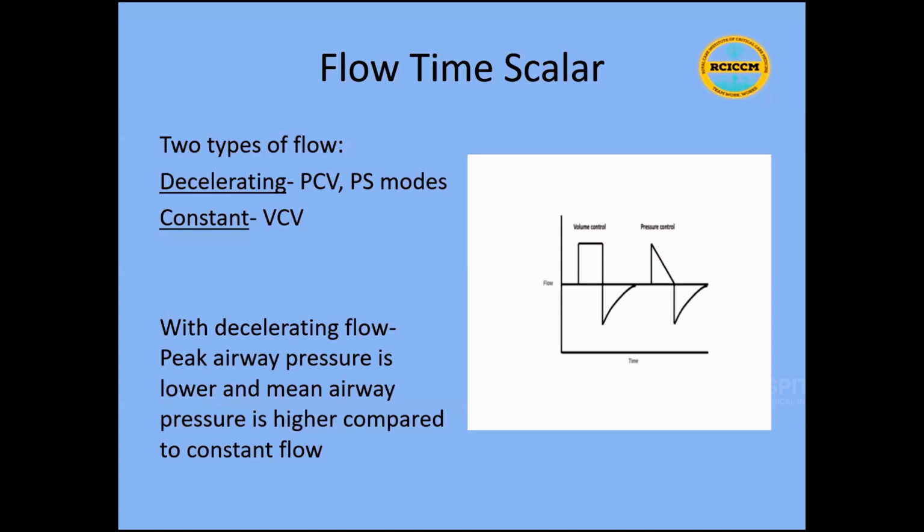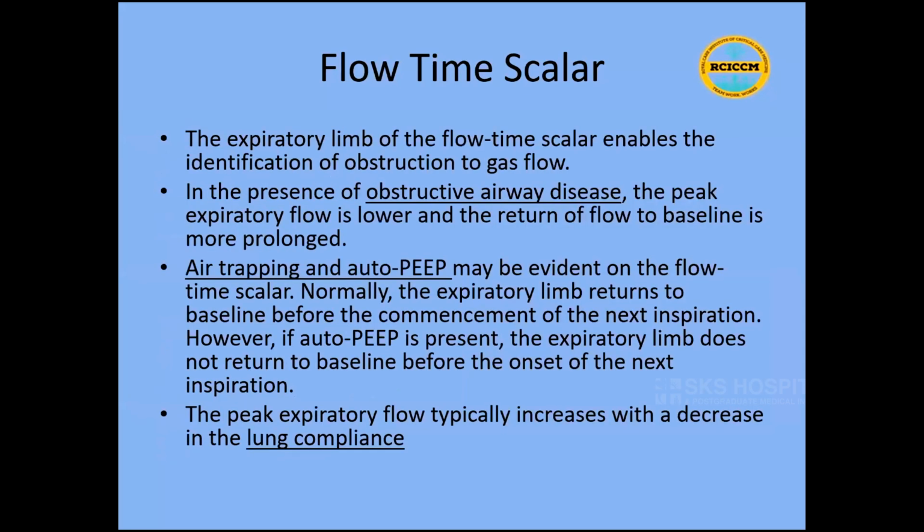Using a constant flow, it can vary. Using a decelerating flow, the advantage is that the peak airway pressure tends to remain low. How about a flow time scalar? The flow time scalar can give up quite a lot of clinical entities if you observe at the bedside.